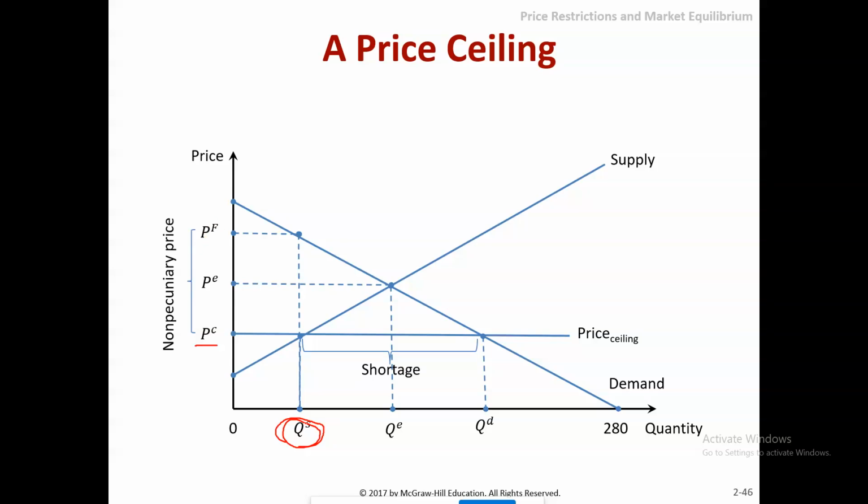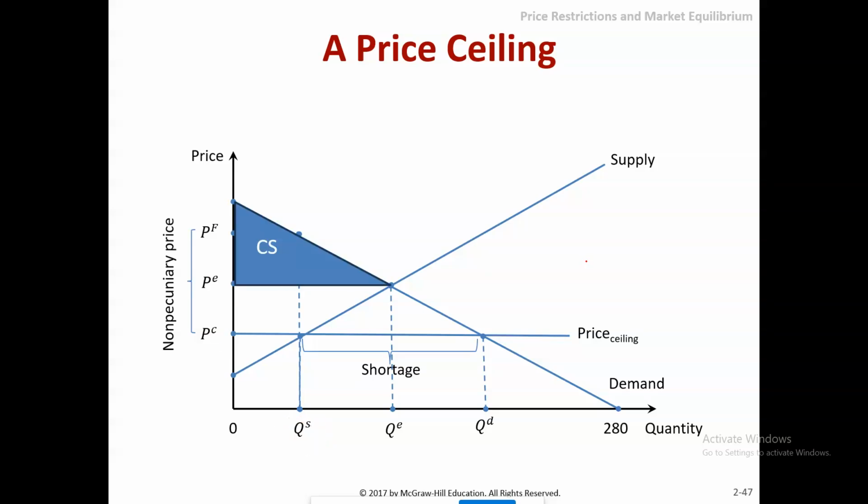That's the full price the consumers are willing to pay at QS, the limited quantity. How much do they end up paying? They end up paying PC. So the difference between the full price PF and the price setting PC, the full price they're willing to pay at QS and what they actually end up paying, is the non-pecuniary price.